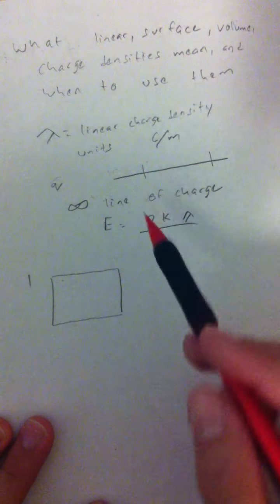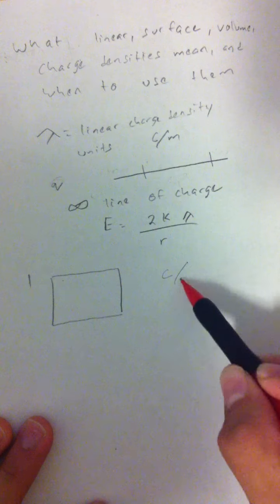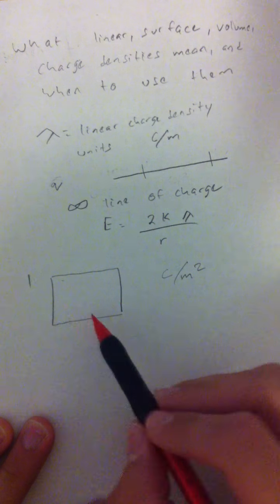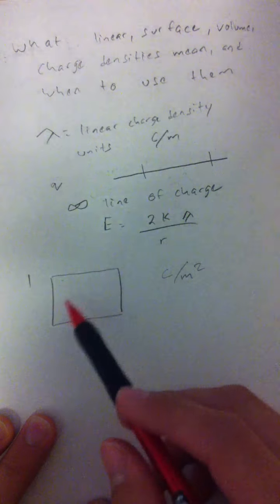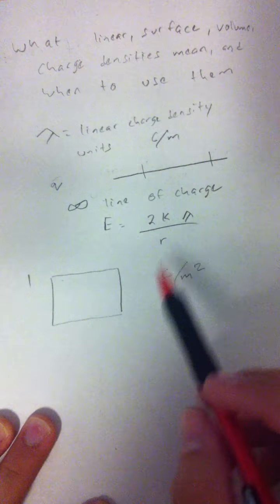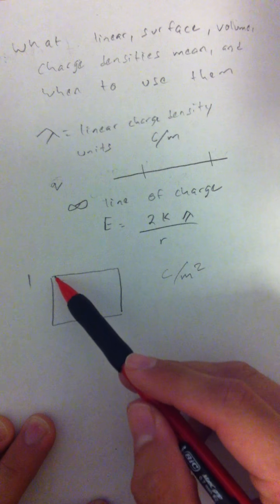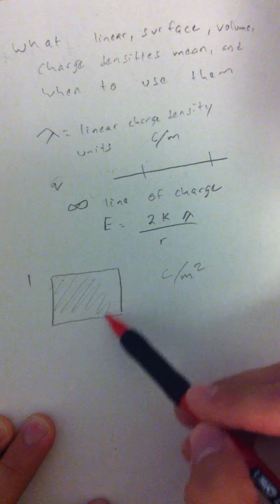So what we have to use is a charge per square meter, because we have two dimensions now. Just like area, we have areas in meters squared. This charge density is going to be in coulombs per meter squared, and that would find the charge per square meter. So all the stuff in here.